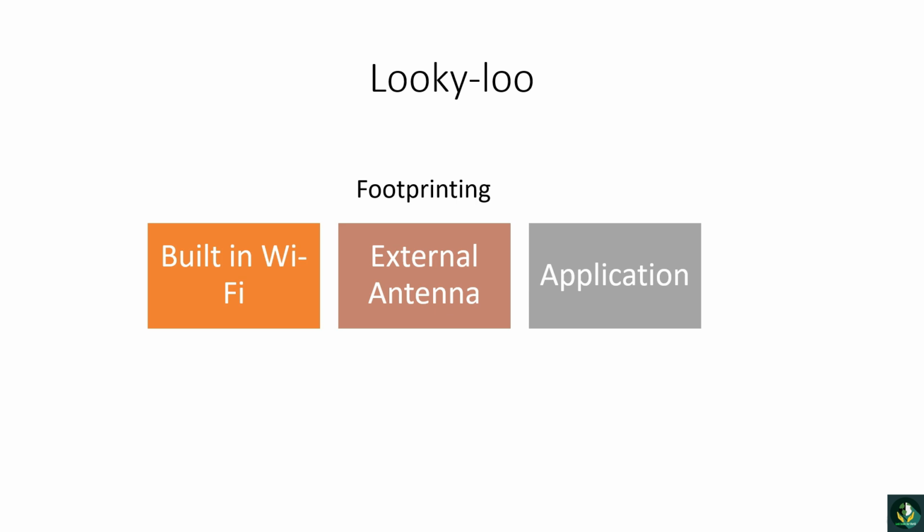We are not hitting anybody and not trying to connect with any access point; we are just looking at the airwaves. Then we also have active, which is a little more intrusive. Maybe I send out a probe request to an SSID to see if an access point responds.